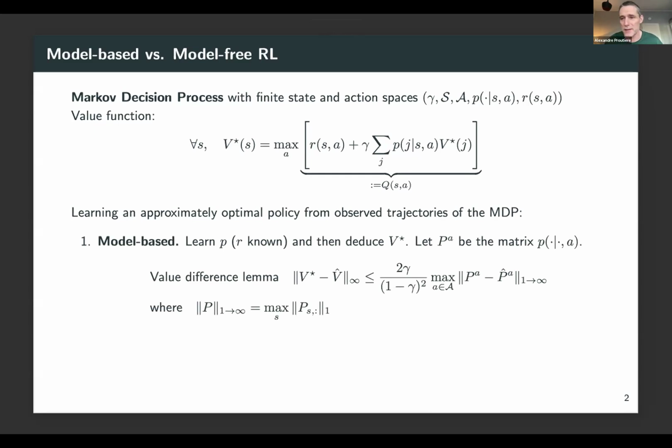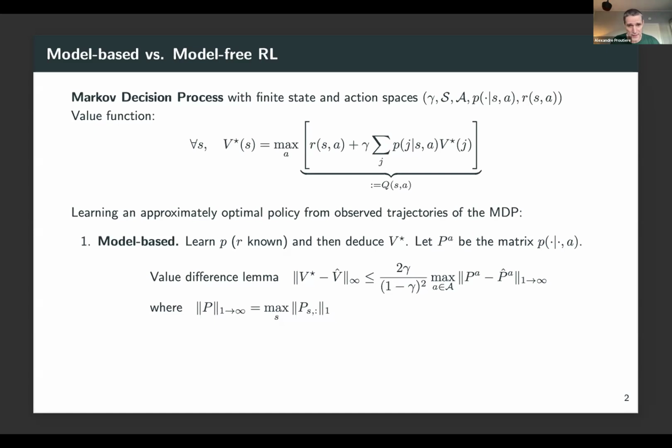One is called model-based, the other is called model-free. In model-based RL, typically you would learn a model of the system dynamics, assuming, for example, that you know what the reward function is. And from this model P, you would deduce the value function, which in turn would give you an idea of the optimal policy.